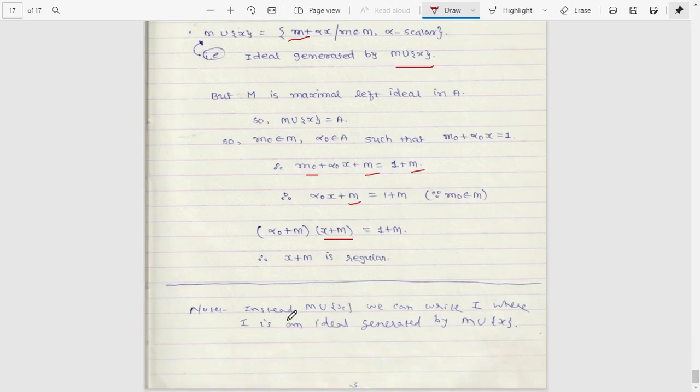Instead of M union x, we can write I, where I is the ideal generated by M union x.